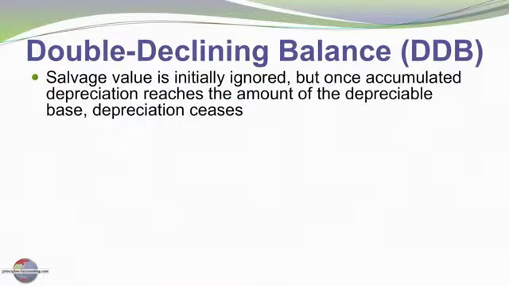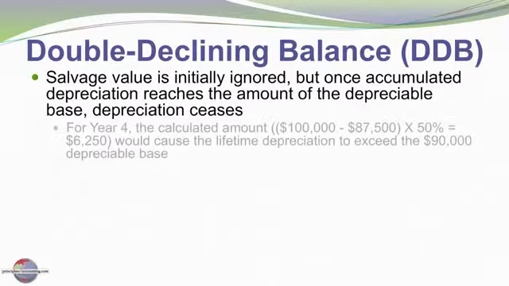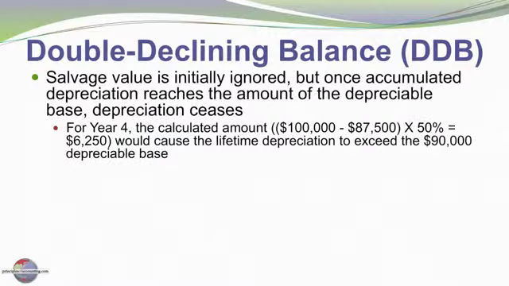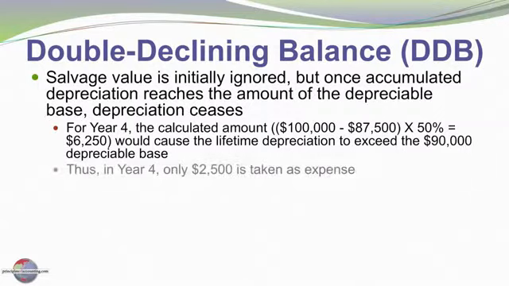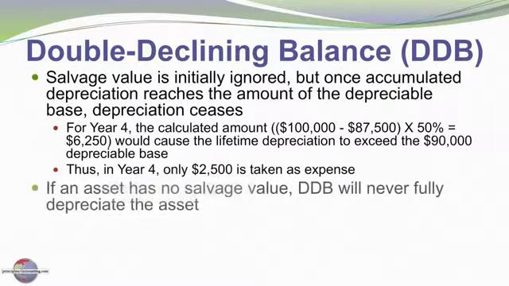So let's review that concept. Salvage value is initially ignored with double declining balance, but once accumulated depreciation reaches the amount of the depreciable base, depreciation ceases. For year 4, the calculated amount of depreciation would be $6,250. That is $100,000 cost minus the previous accumulated depreciation times 50% would give us $6,250, but that would cause total accumulated depreciation to exceed the $90,000 depreciable base, so we'll only book $2,500 of depreciation expense in the last year.